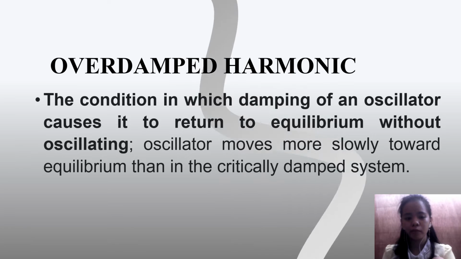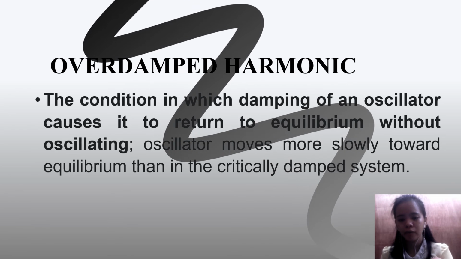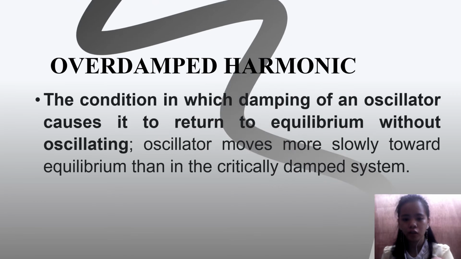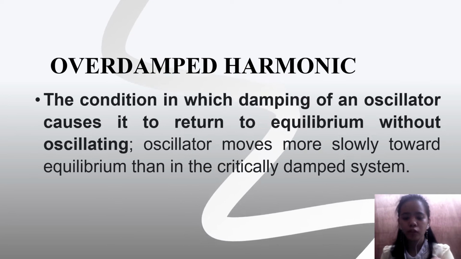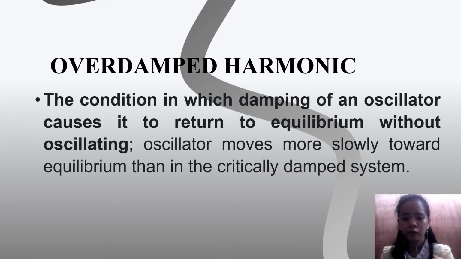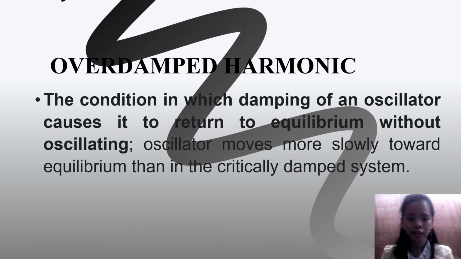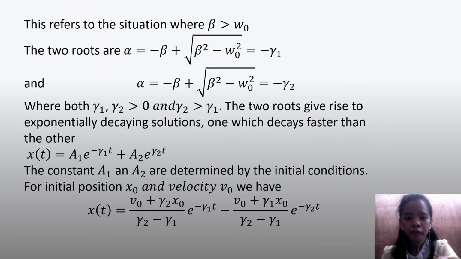So, overdamped harmonic is the condition in which damping of an oscillator causes it to return to equilibrium without oscillating. The oscillator moves more slowly towards equilibrium than a critically damped system. This refers to the situation where β is greater than ω0.